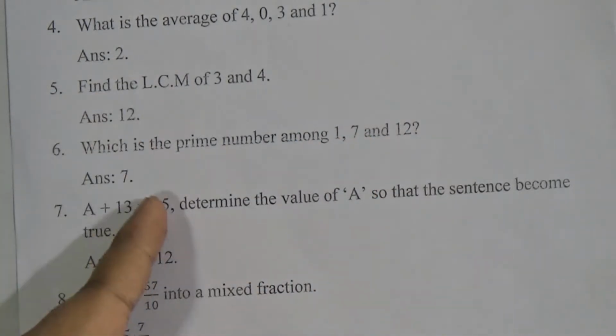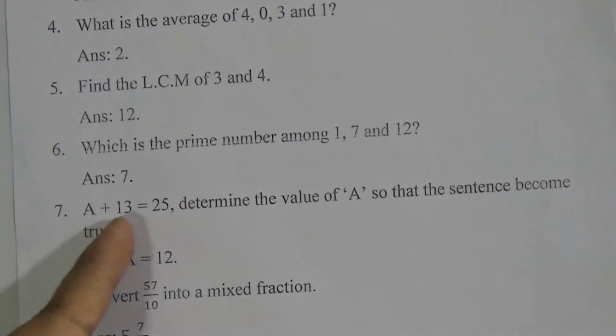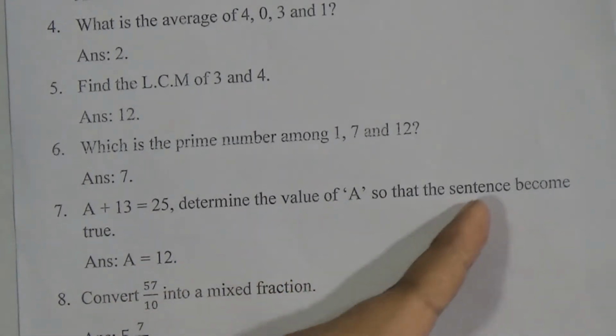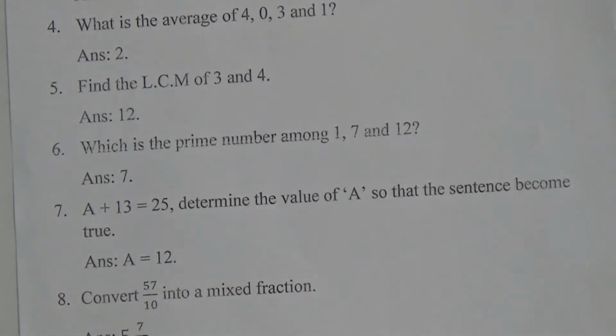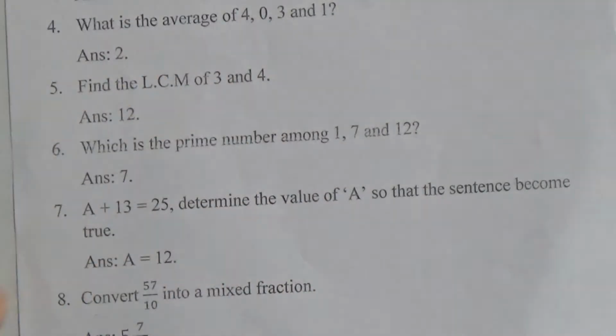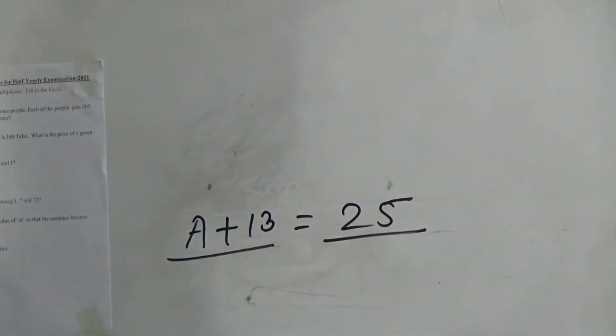So here write 7. Then question number 7. a plus 13 equals 25. Determine the value of a so that the sentence becomes true. Here notice a plus 13 equals 25. My dear students, this equal sign means both sides have the same value.